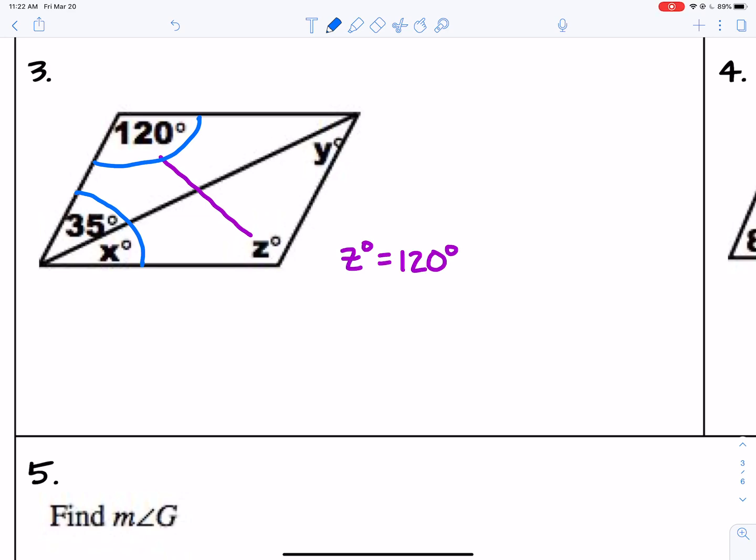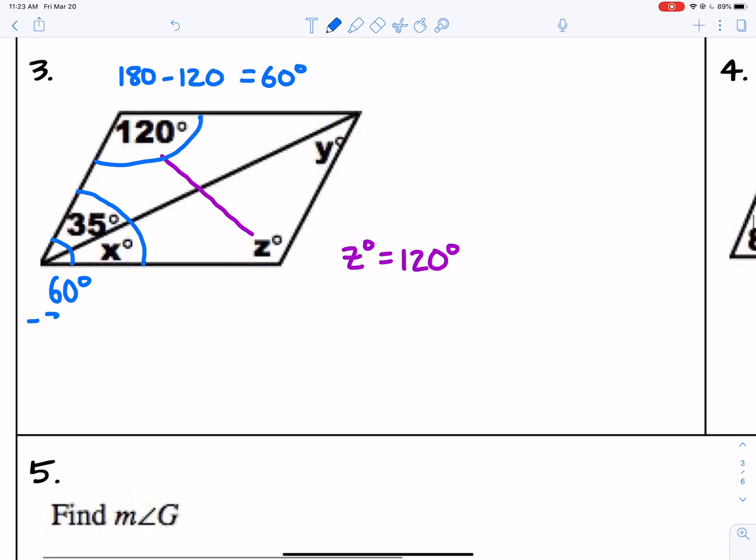They're right beside each other. So you can say that 120, if I subtract that from 180, I get 60 degrees. So this angle is 60 degrees, and I know that part of it is equal to 35 degrees. So I could say 60 minus 35 leaves me with 25 degrees for the value of x.